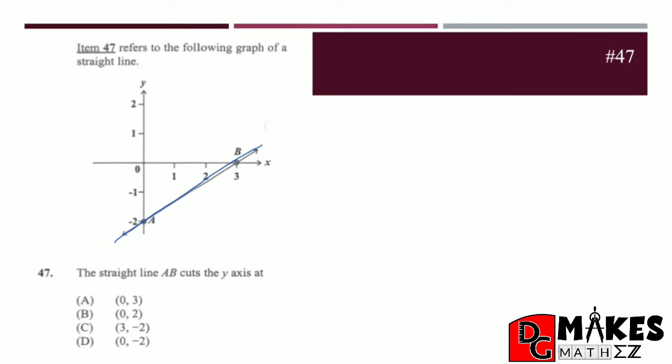I'm going to put it in a different color. That's our y-axis, and that is a very crooked y-axis. We want to know where exactly the line AB has cut our y-axis. We want to know where is what we call our y-intercept.